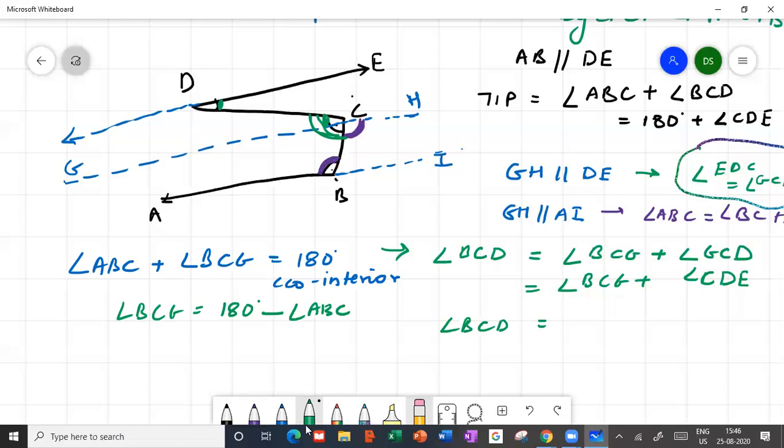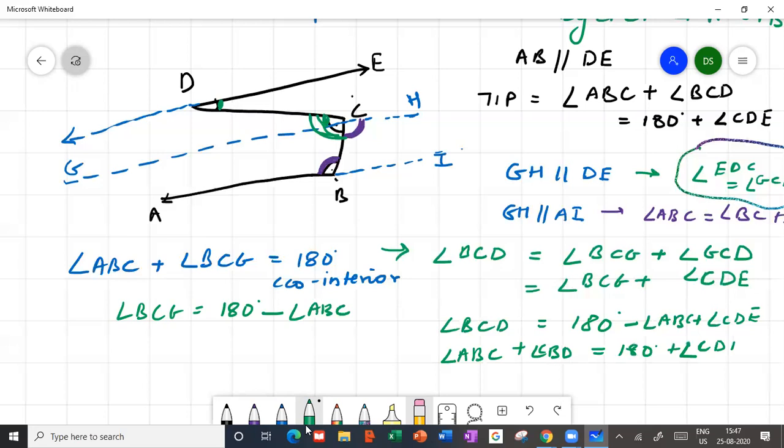So 180 minus ABC plus CD, or ABC plus CBD is equal to 180 minus 180 plus CD. Okay, cool. I'll quickly explain this to you again, whatever I've done.